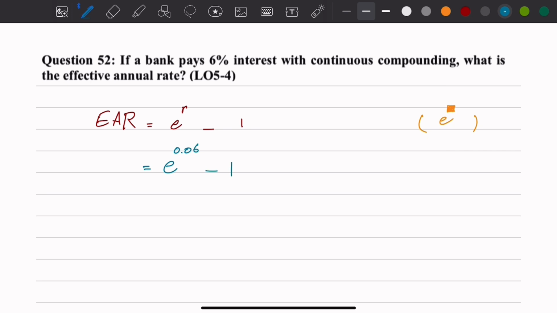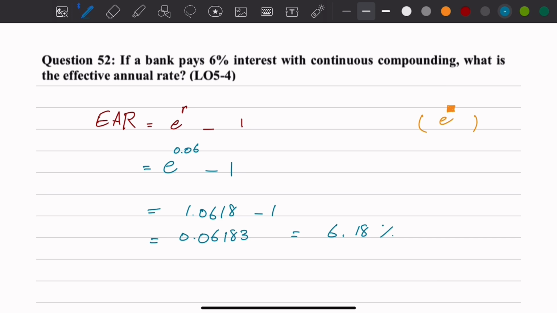Anyways, so using a calculator, we're going to hit e to the power of 0.06 minus 1. I'll go to my calculator now. I'll hit shift and then ln and then 0.06, close the bracket. That gives me 1.060618, minus 1, and that is 0.06183, which is approximately 6.18%.